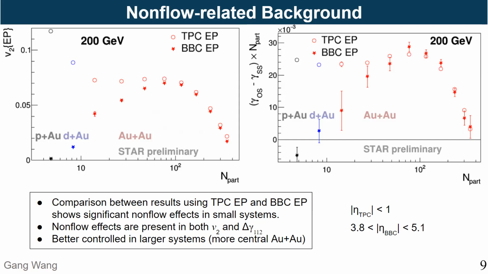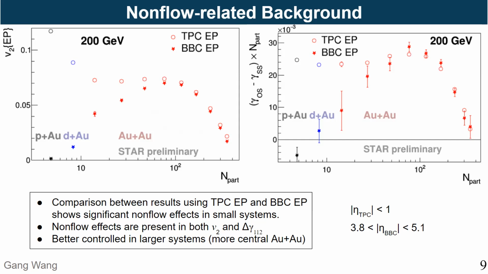However, only in more central and mid-central collisions are they pretty close to each other. When we go to peripheral and p-gold, d-gold, you'll see a large discrepancy between these two methods. That means non-flow effect, because non-flow, by definition, is some correlation unrelated to the reaction plane. So if you use two different planes, you see different results.